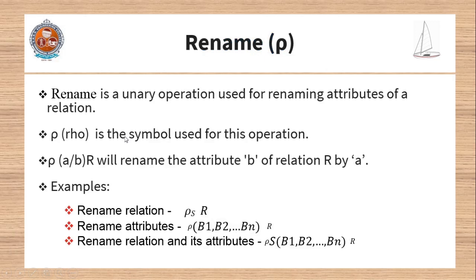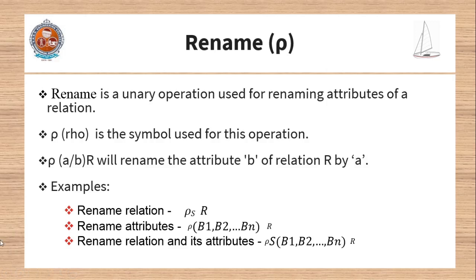The next unary operation we are having is the rename. This rename, the symbol used is rho. Rho is the symbol used for this operation, and this is used for renaming the attributes of the relation. And not only the attributes, we can also rename the name of the relation also.